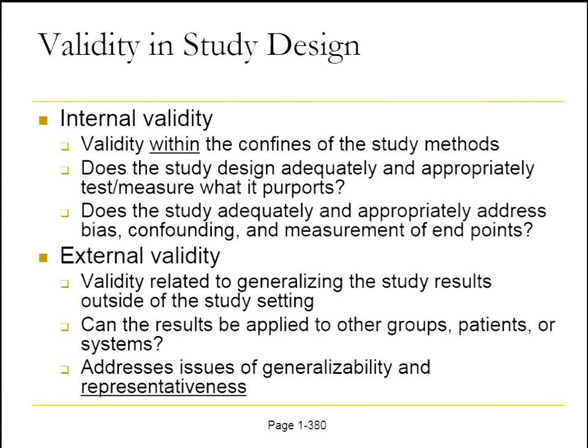All right, so when you're all gathered around a table at a journal club and you talk about the bits and pieces of a trial, you're talking about many of these factors. Remember that internal validity assesses the validity within the confines of the study methods. Does the study design adequately and appropriately test or measure what it says it does? Does the study adequately and appropriately address bias, confounding, and the measurement of endpoints?